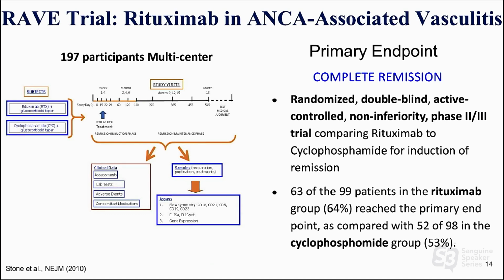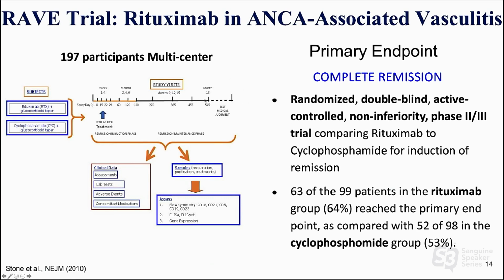The trial is a randomized, double-blinded, active-controlled phase 2/3 trial, where they were comparing rituximab to cyclophosphamide for the induction of remission. As you can see on your left, there were two groups, rituximab and cyclophosphamide, and rituximab plus glucocorticoid was given to these subjects, 2 arms, 30 visits.